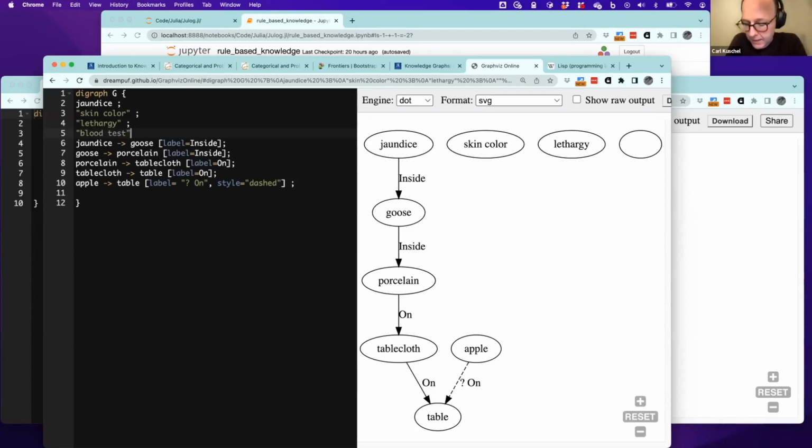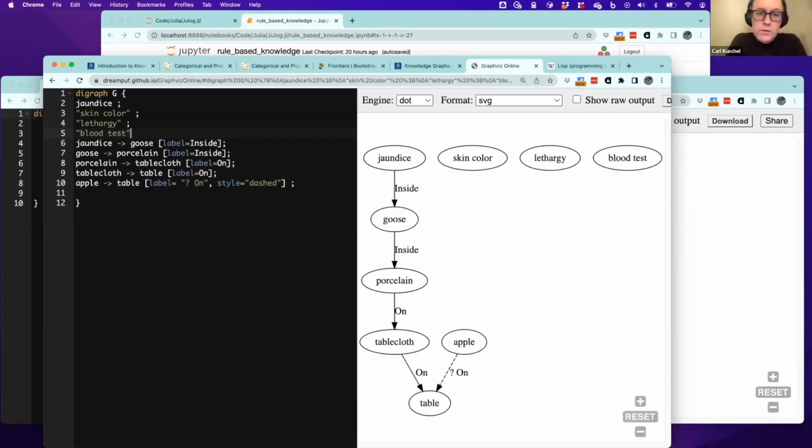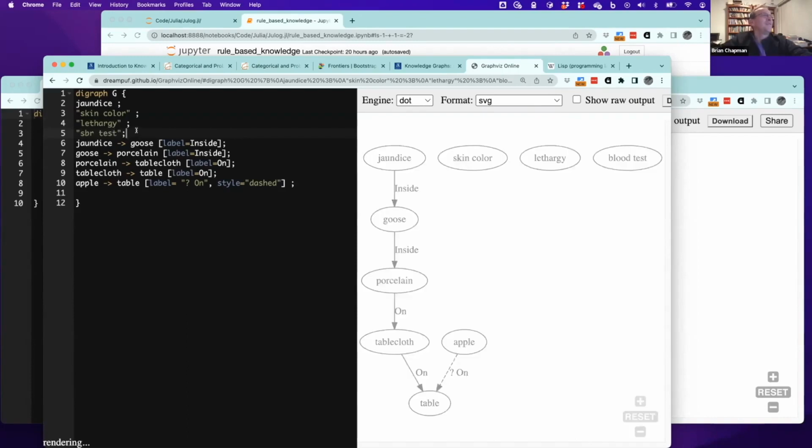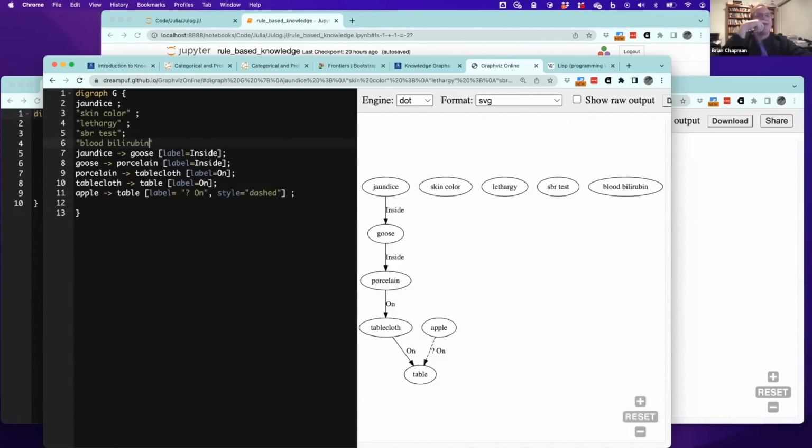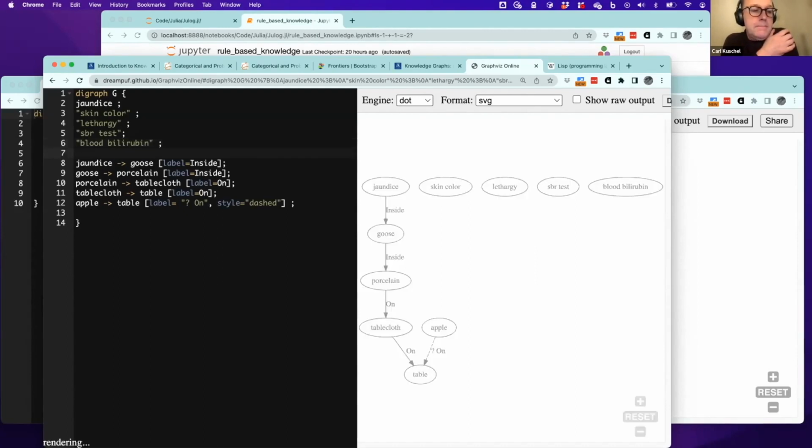Well, SBR is short for serum bilirubin, which is what you're measuring. I know we shouldn't use abbreviations, but it's just the SBR test. Okay. Then we would have blood bilirubin, right? Well, that's the same thing. But one's the test for it, and the other is the compound. Yep. Okay. What else?